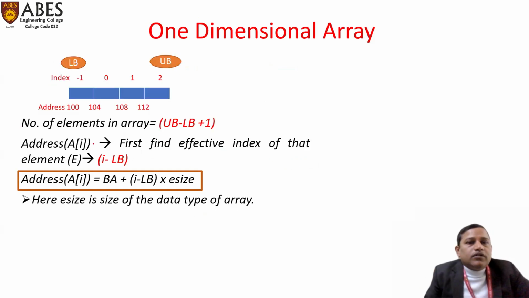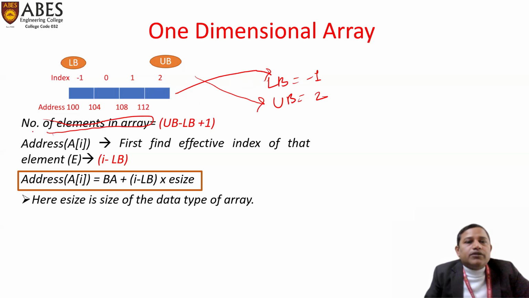Look, if you don't know the size of an array, but you have the lower bound and the upper bound, you can find the total number of elements in the array.